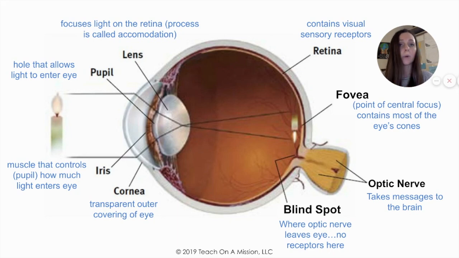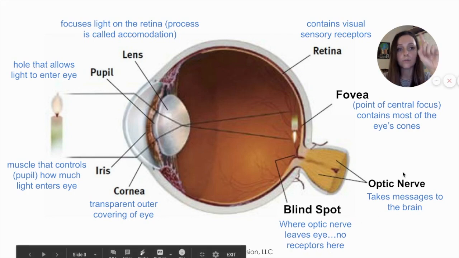And we're going to do a blind spot activity to show you that you actually do have a blind spot. You just don't notice it because like we said, your mind does not like gaps, right? So your mind likes to fill in the blanks, and you have two eyes, and one helps the other one out. But I'll show you. You have one, even if you don't believe me.